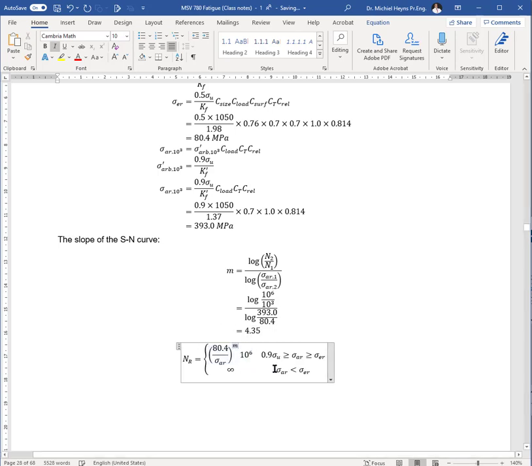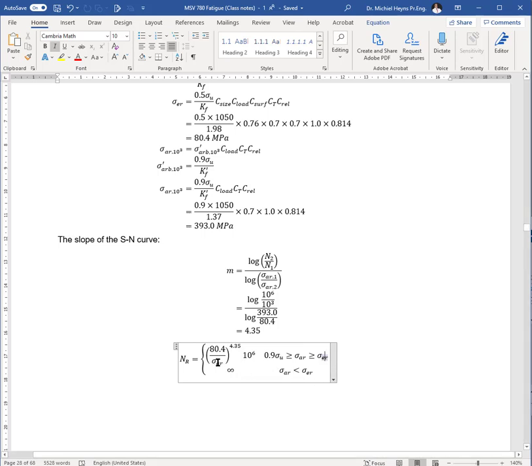And our slope M we've calculated is 4.35. So the number of cycles at any completely reversed stress amplitude is equal to 80.4 divided by that stress amplitude, to the power 4.35, times 1 million cycles. And that's for stresses between 0.9 times ultimate tensile strength and above the endurance limit, of course.